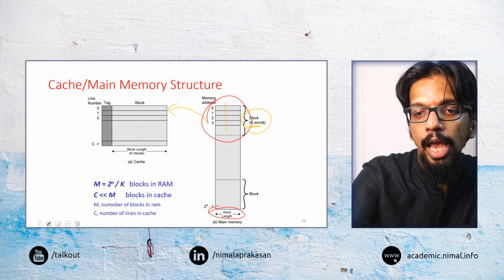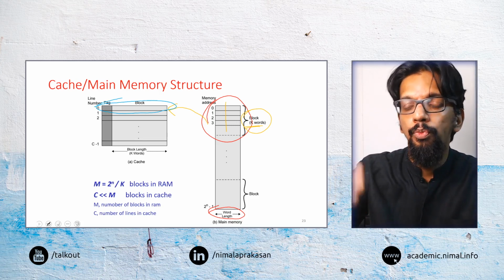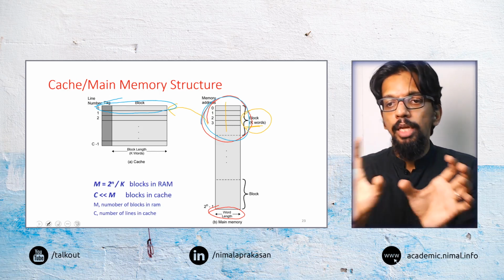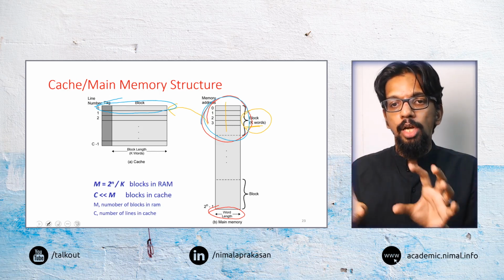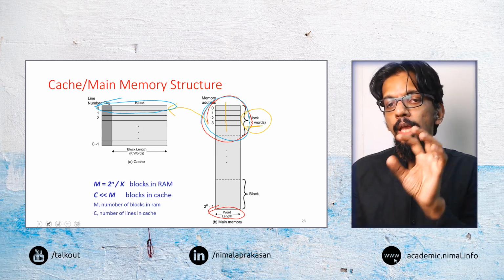So in the cache memory, one storage unit will be a number of words that are grouped together in the main memory. So that is how the storage structure is going to differ between the cache memory and the main memory.